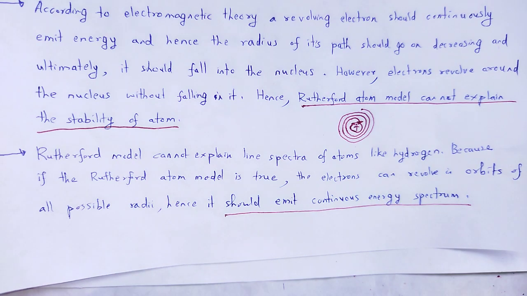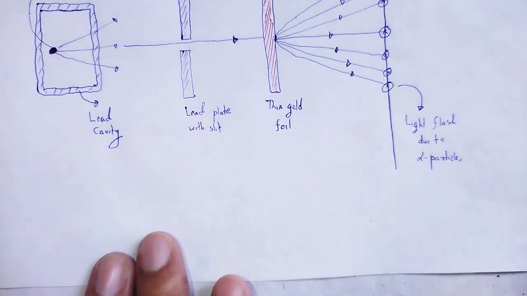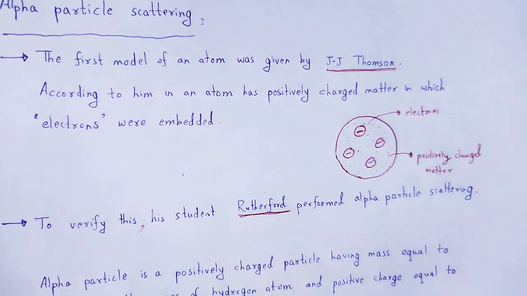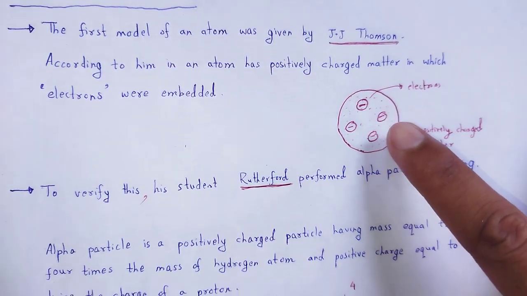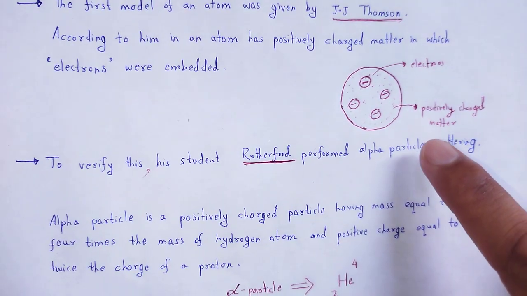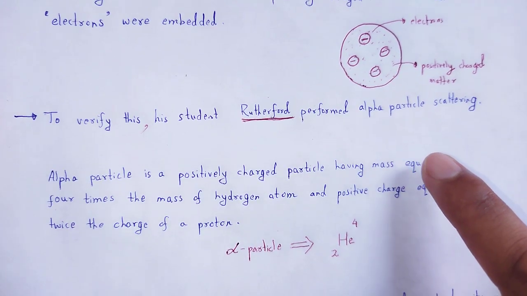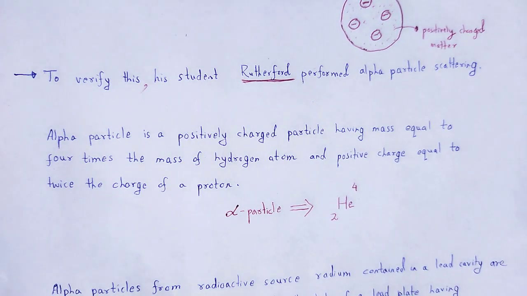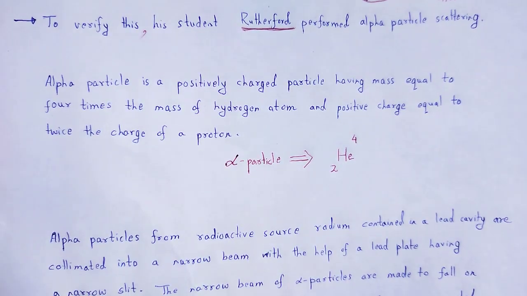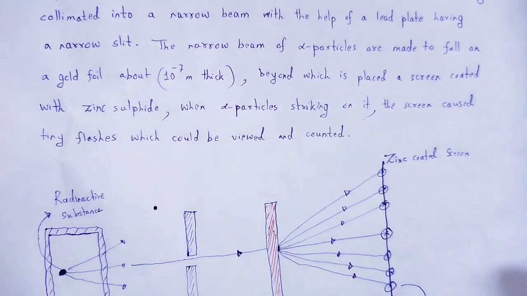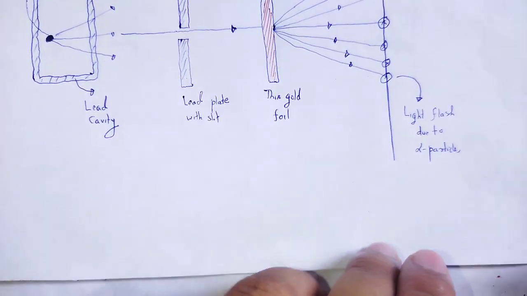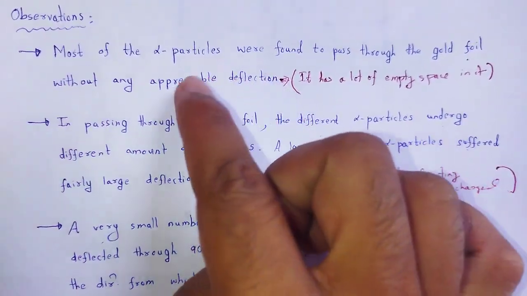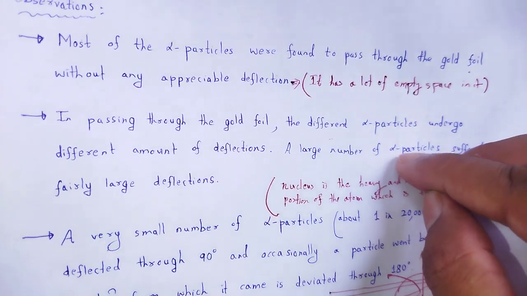So, with the help of this video lecture we understand the concept of alpha particle scattering, what J.J. Thomson's atomic model was, and then how it was tested experimentally by Rutherford, who saw a new type of observation and proposed his atomic model. This is the experimental arrangement. From that arrangement, some observations, and according to these observations some points are noted.